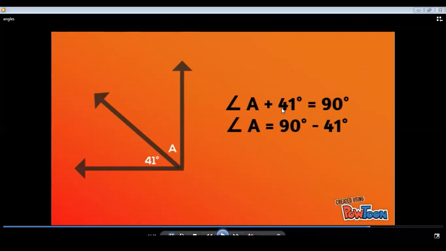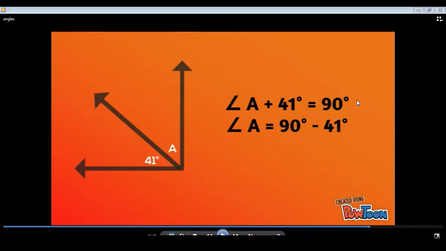Now 41 is being added over here, and when we move any number to the other side of the equal sign, it gives the opposite operation. For example, 41 is added here, but when we move 41 to the other side of the equal sign, it will be subtracted. Anything multiplied over here becomes division on the other side, and anything divided over here becomes multiplication.